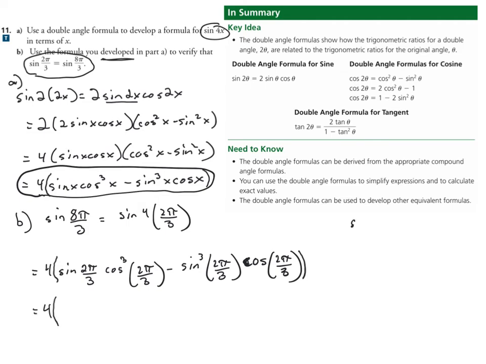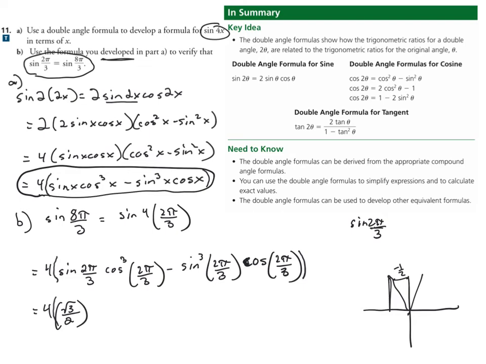Now let's go over here. Sine of 2 pi by 3, that's a special triangle. So this is pi by 3, 2 pi by 3. The sine is root 3 over 2. And the cosine is negative 1/2.